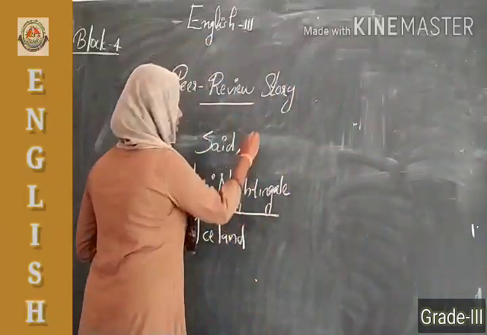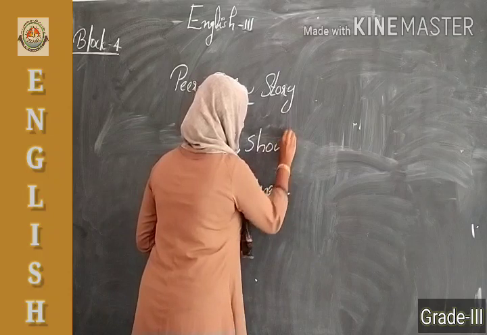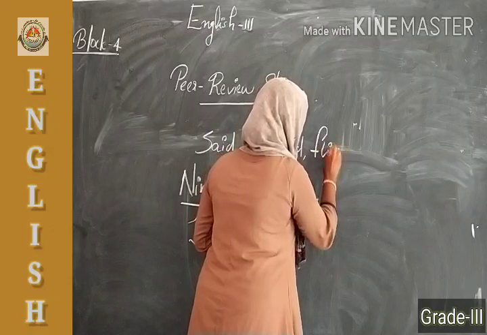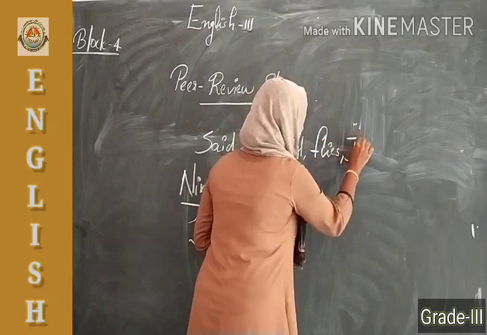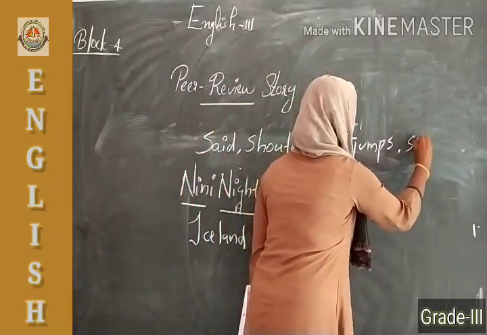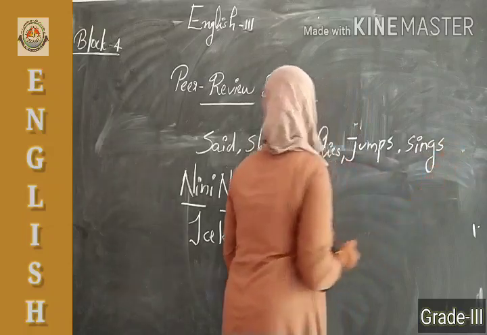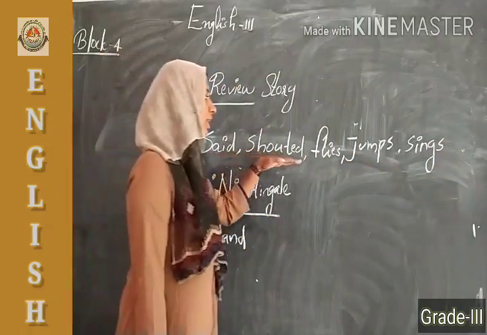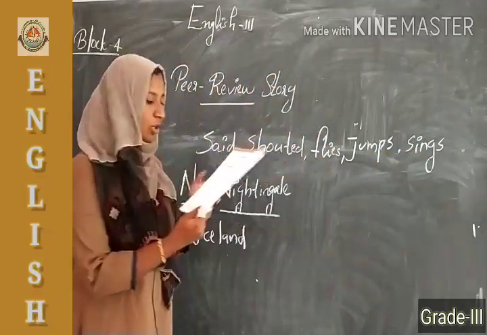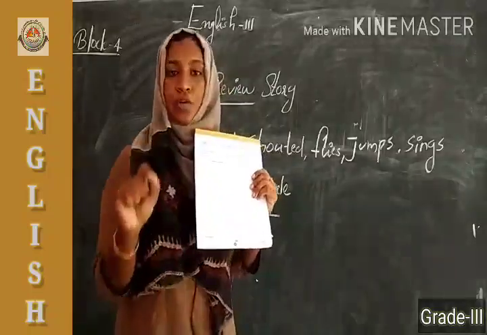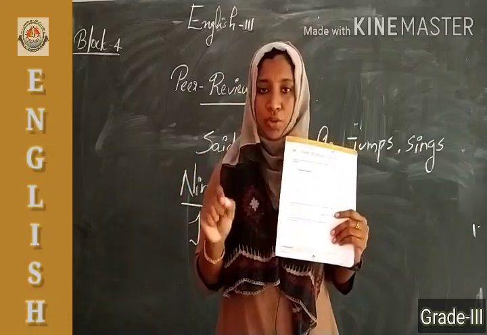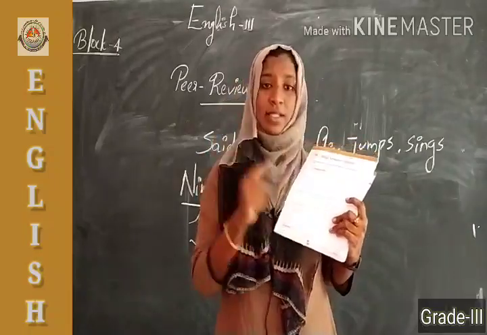So here: said, shouted, flies, jumps, and sings. So here I used said, shouted, flies, jumps and sings. These are the verbs I used. So you have to write the verbs you used in this column. That means the verbs that you used in your story, you can write in this column.